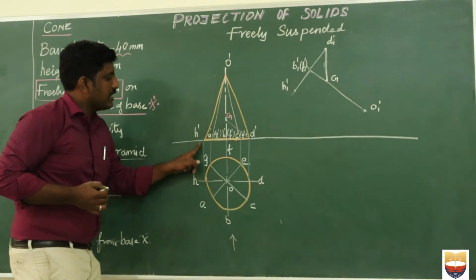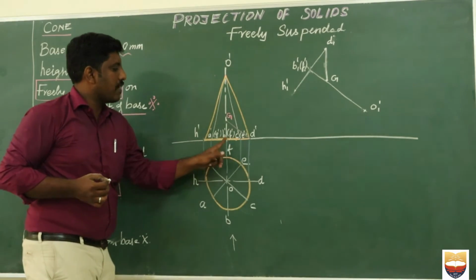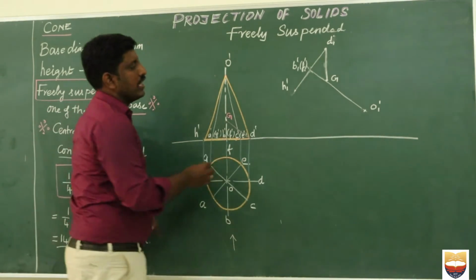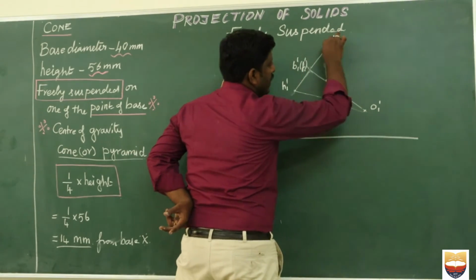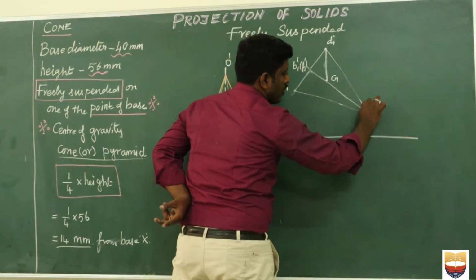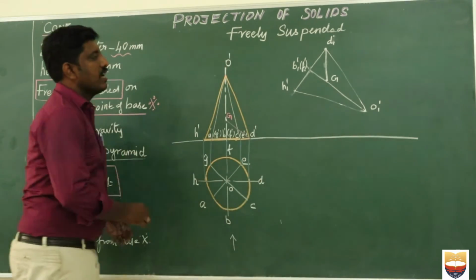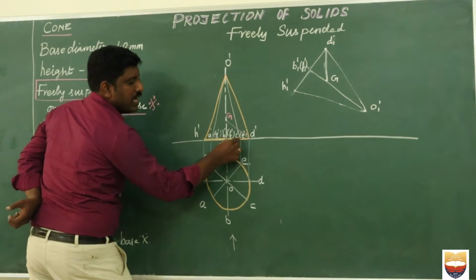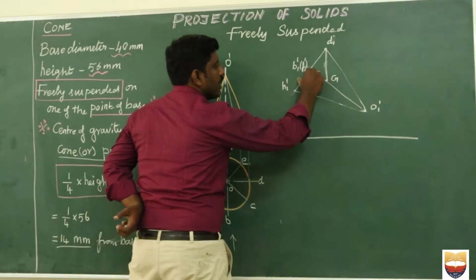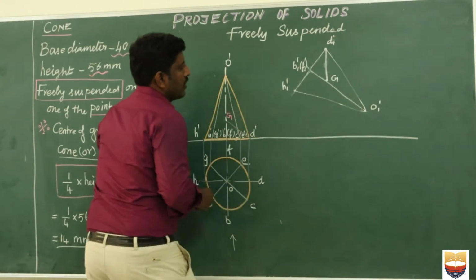Now I have H dash, D dash, and B dash. Obviously we know that only the last two should be darker. So I try to complete the cone here. Similarly, from B I can measure A, and from B I can measure C, and I cut two very important arcs.